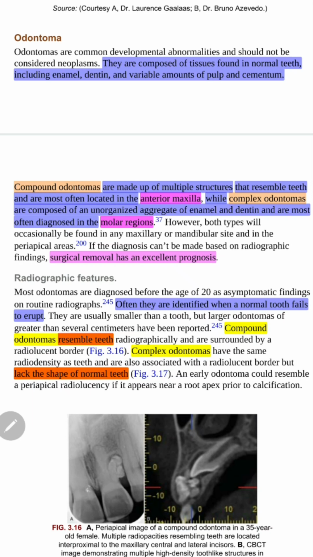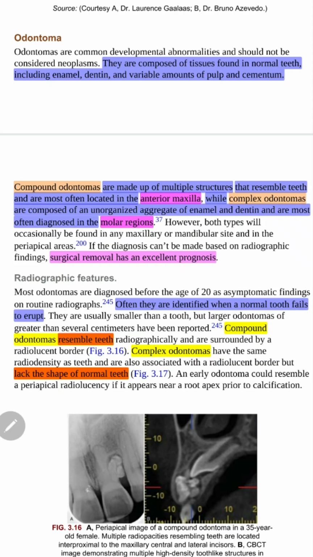So odontoma is identified as an abnormality composed of tissues found in normal teeth, including enamel, dentin, and variable amounts of pulp and cementum. So all the components of the tooth can be seen.